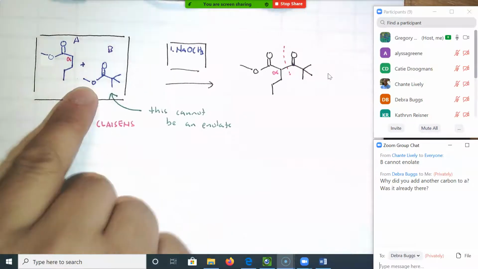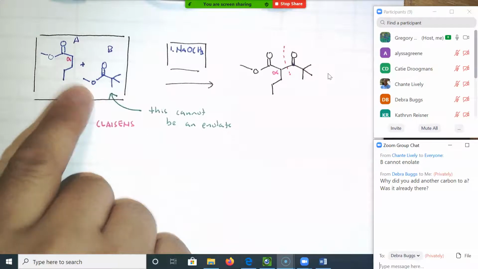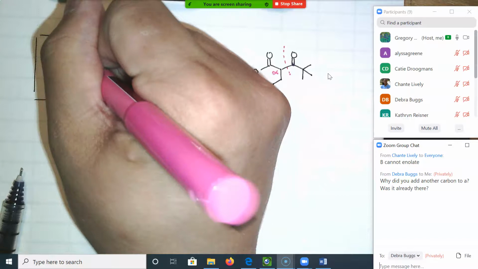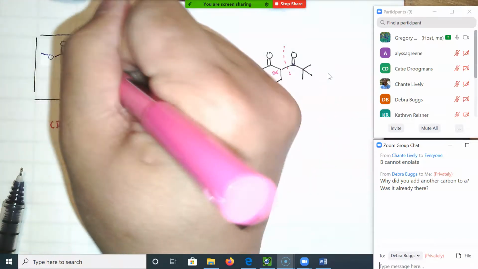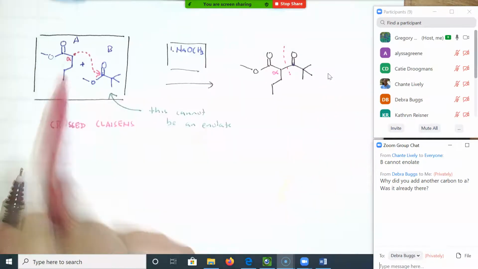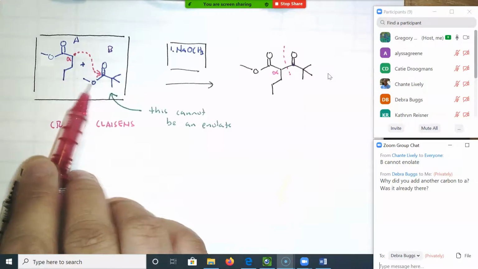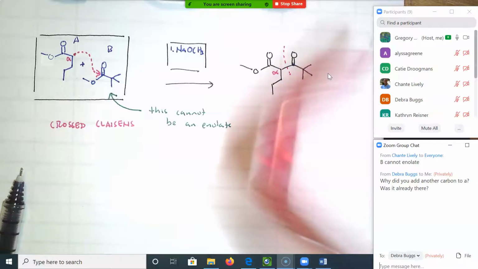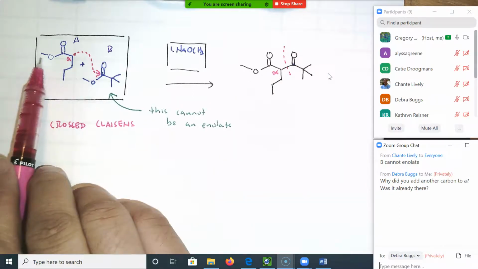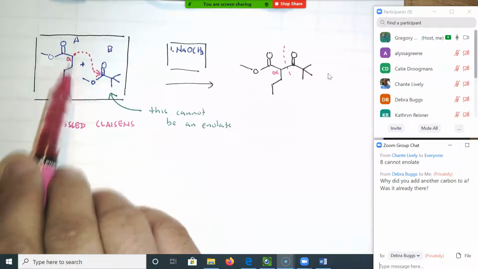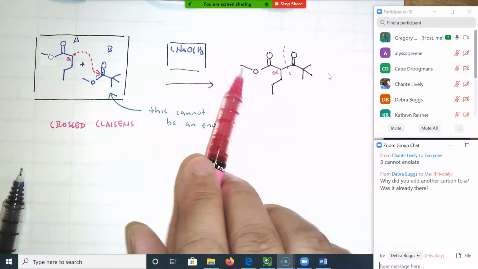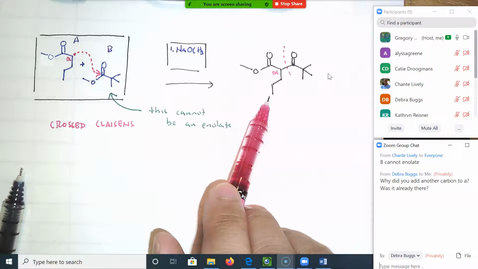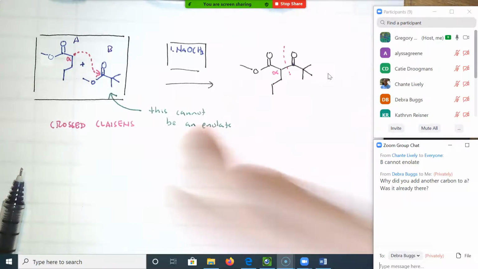If you're talking about this carbon, when this attacked, I'll even draw that. When alpha attacked to this carbon, this is a leaving group. One last check. For the attacker, we have 1, 2, 3, 4, 5, 6 carbons. 1, 2, 3, 4, 5, 6. So I think I'm good with that.